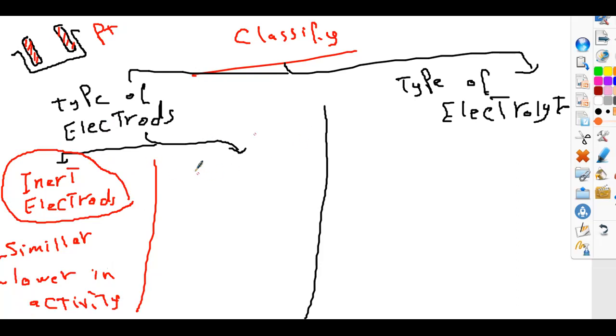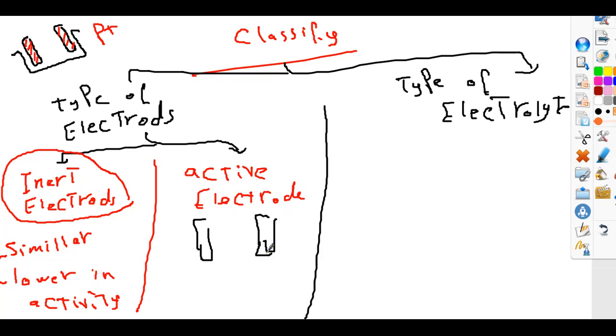The other type is active electrodes. Maybe I have active electrodes like in the electrolytic cell of zinc and copper, a zinc electrode and a copper electrode. They have different degrees of reactivity in the chemical reactivity series, so they make redox reactions.